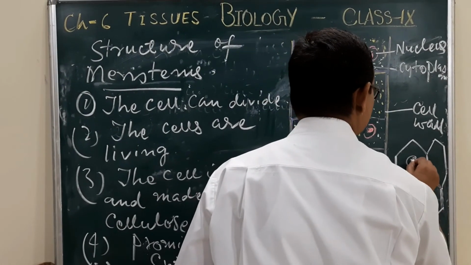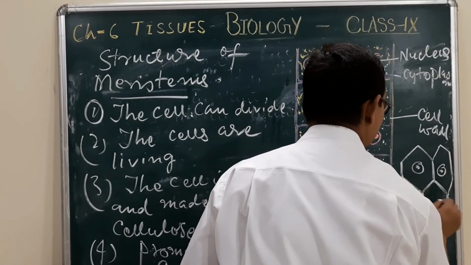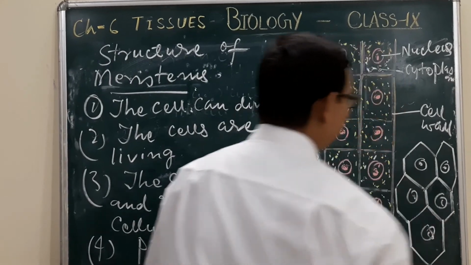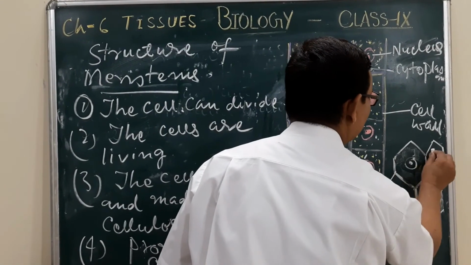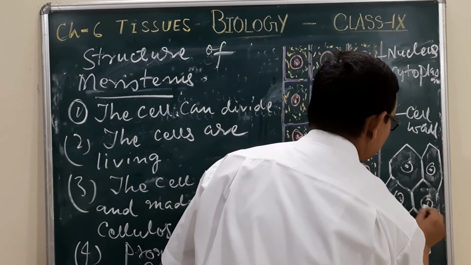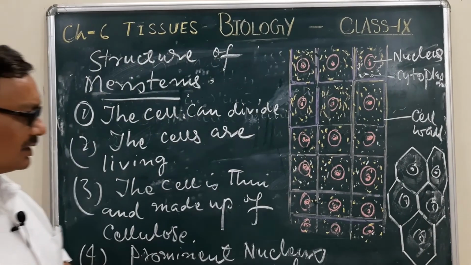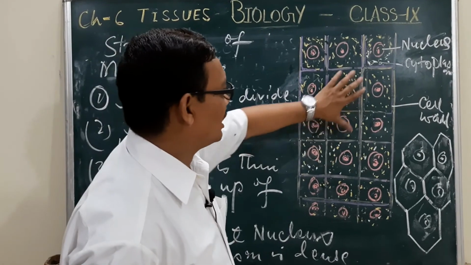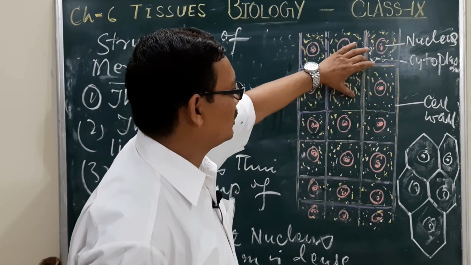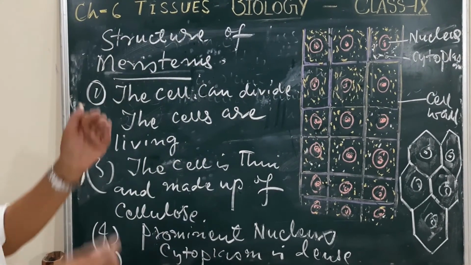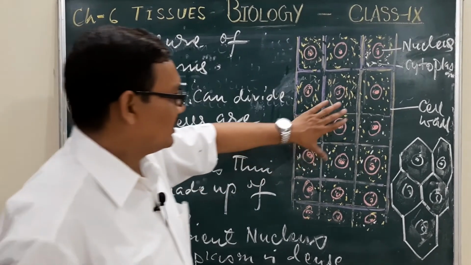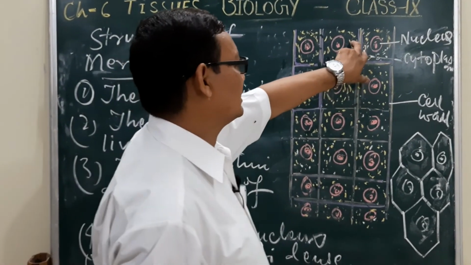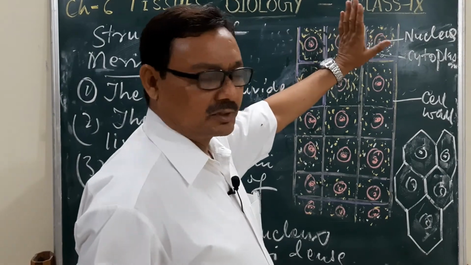Here the nucleus, here the nucleus, here the nucleus. So these are some different shapes. The cells which compose this tissue are compactly arranged. There is no intercellular space. The space between the two cells is nil.